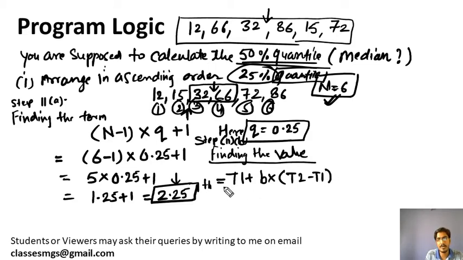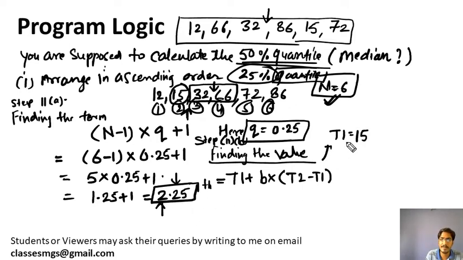Where T1 is the term value, and this 2.25 has the term 2. This is the second term value. What is the second term value? 15. So T1 will become 15.